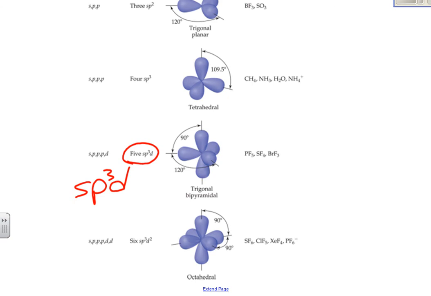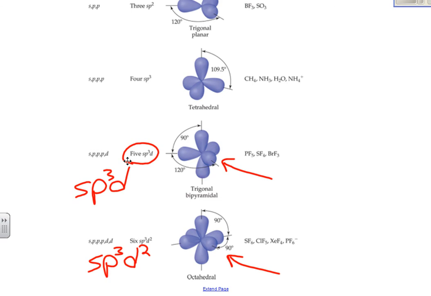And so that sp3d hybridization is going to create our familiar trigonal bipyramidal structure. And for 6, we use the s, the 3 p's, and this time 2 d's get involved in the hybridization. And this time we'll end up with our familiar octahedral structure.